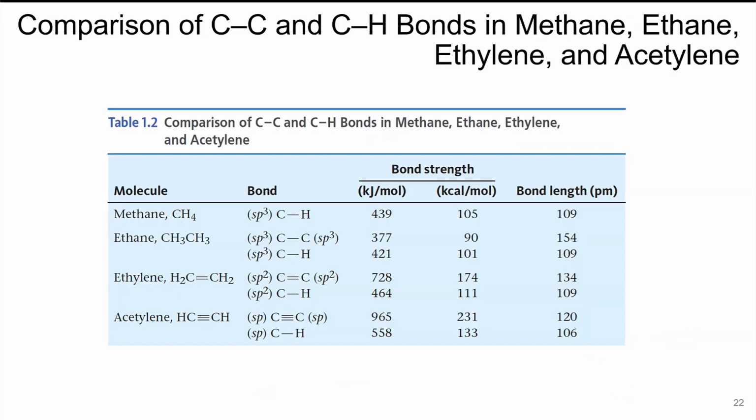So if we compare the carbon-carbon and carbon-hydrogen bonds in methane, ethane, ethylene, and acetylene, you can see the different structures here. The bond strength increases as you increase the number of bonds, and the bond length decreases.